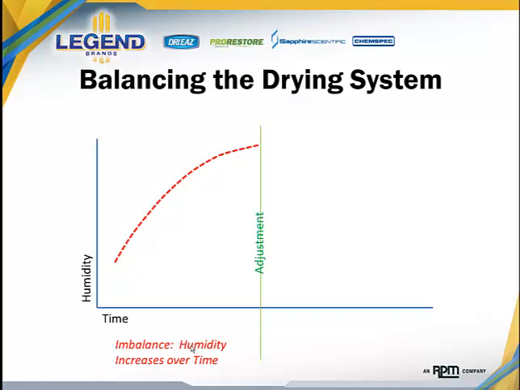An appropriate adjustment is going to have a very obvious end result. The humidity within the space is going to begin to decrease over time. However, just because the humidity begins to decrease does not necessarily indicate that we have utilized or installed the most appropriate adjustment for that environment. Let me explain.